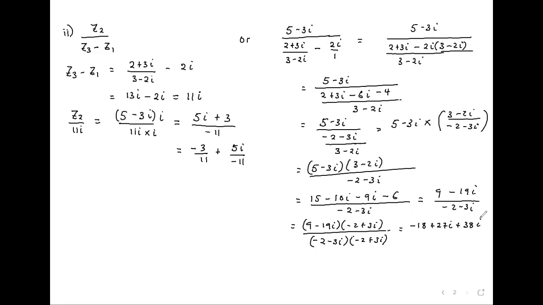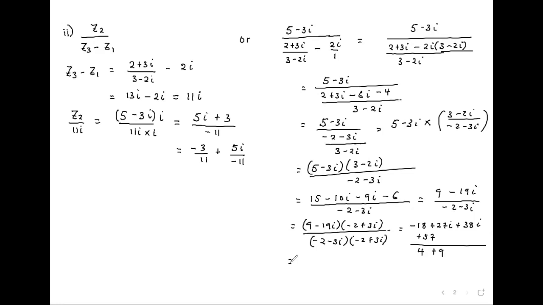What's 19 by 3? That is 57. So it comes out to be positive because of the i's. So plus 57 over, down here we get 4 plus 9.